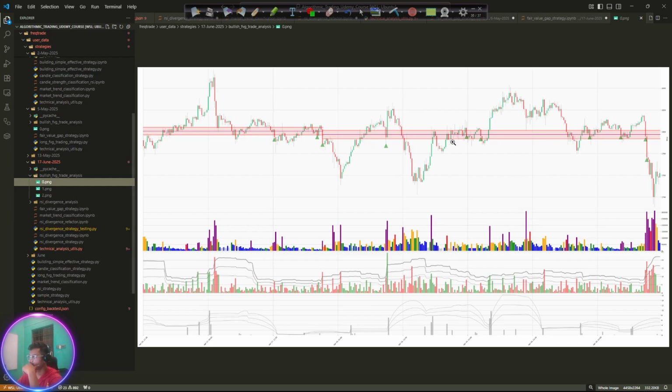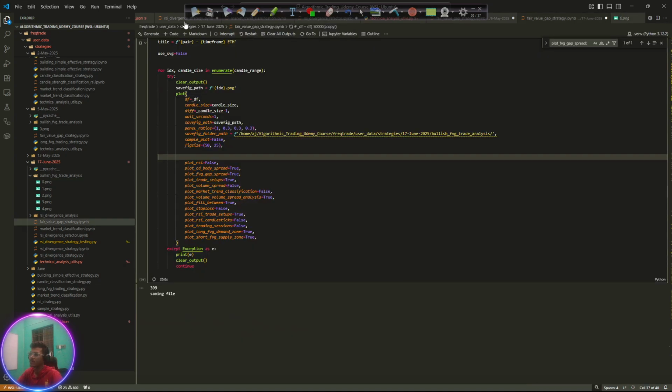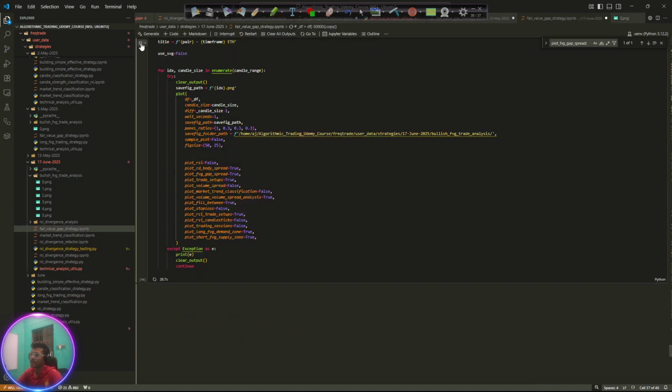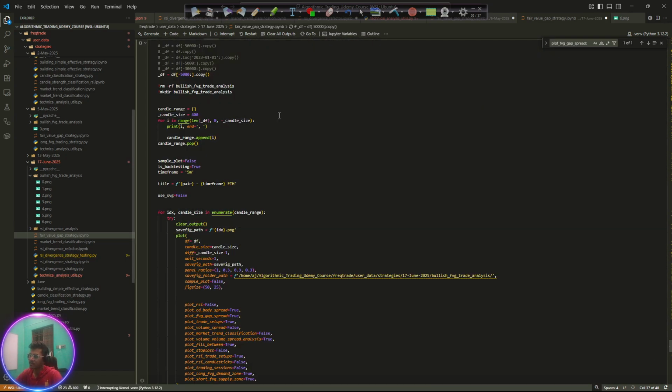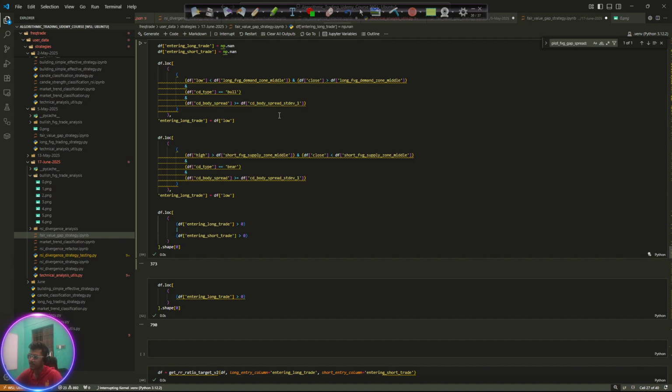Why is it doing it here? It's red, right? Check and check.